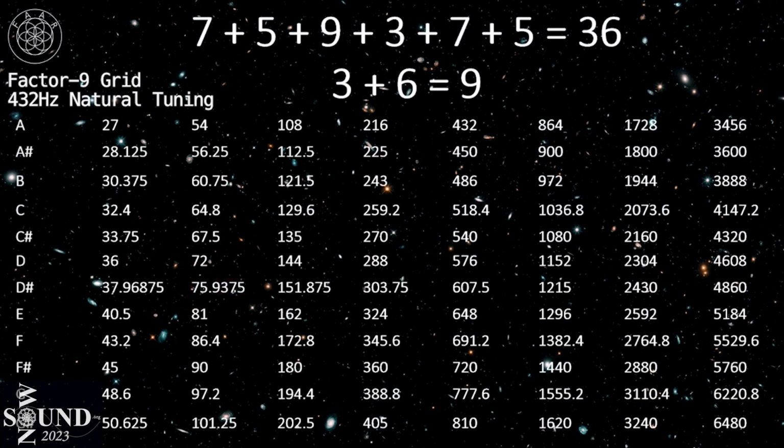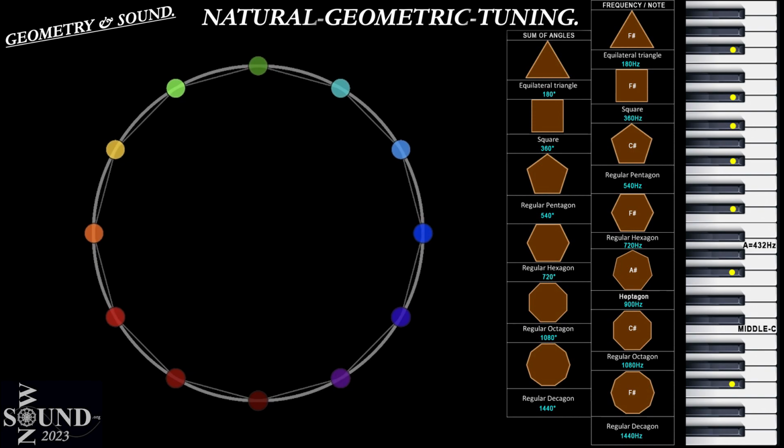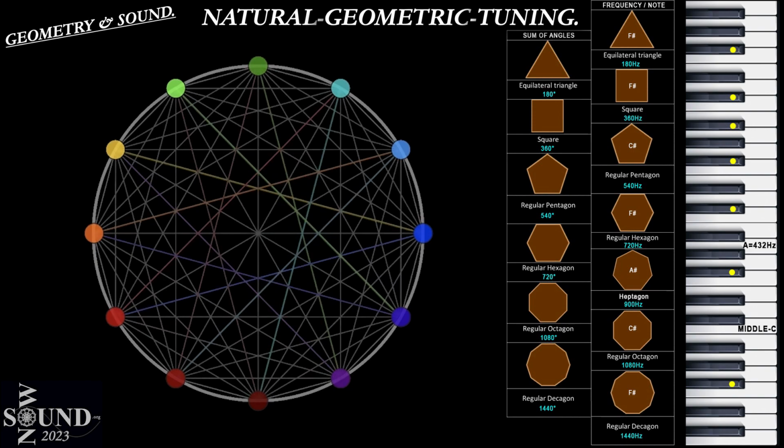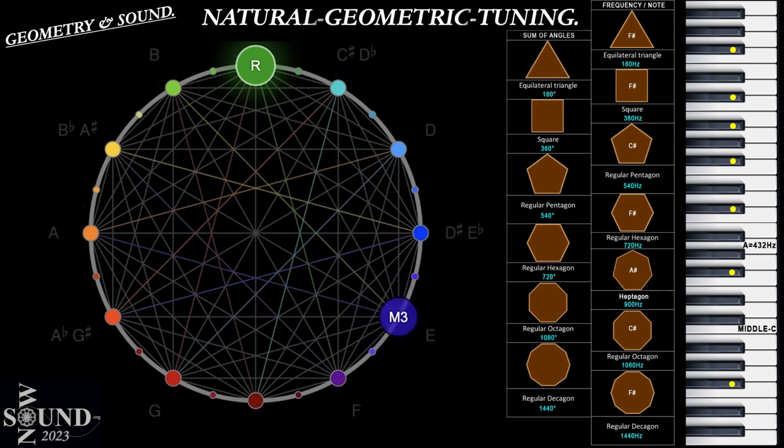Any sound you can think of will match up to the geometric shape. A circle, for example, represents a perfect octave. The 12 points of a regular dodecagon align perfectly with the 12 notes of the chromatic scale. Connecting these points with straight lines creates a dodecagram. Any line connecting 2 points on the circle represents an interval, the simplest form of chord.